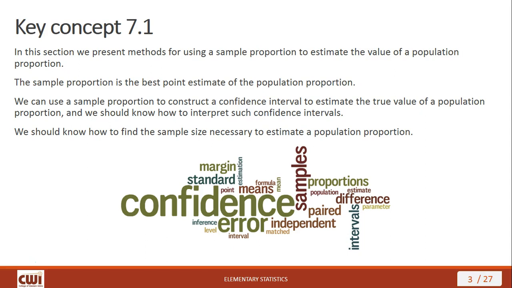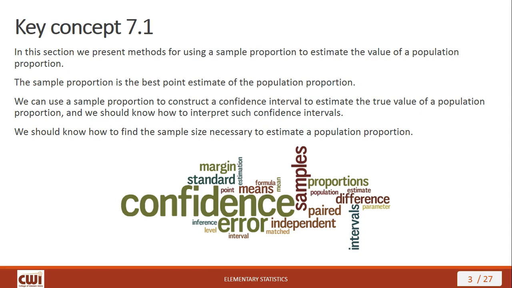In this way, we don't have to know everything about every member of a population. We simply take what we need from the sample and then use that to estimate what we want to know about the population. Now, as we learned in Chapter 6, proportions are unbiased estimators. So that means the sample proportion is the best point estimate of the population proportion.